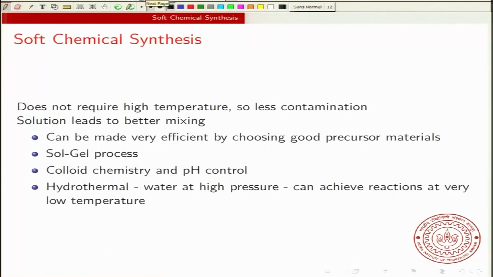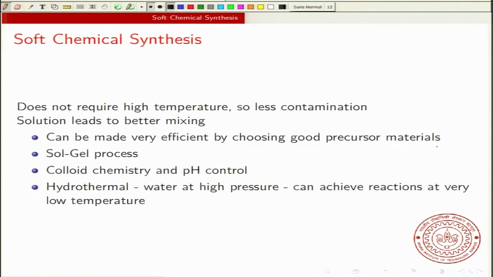Now, the alternate synthetic method is the soft chemical synthesis. In soft chemical synthesis you do not require such high temperatures. What is done is you use chemistry to make sure that the reaction takes place at a much lower temperature. The basic idea is that you use good precursor materials.